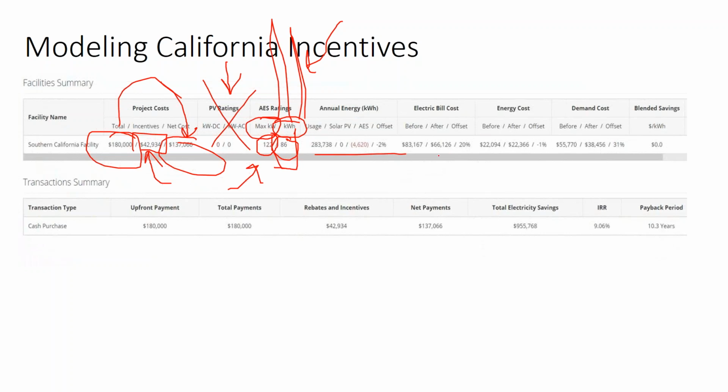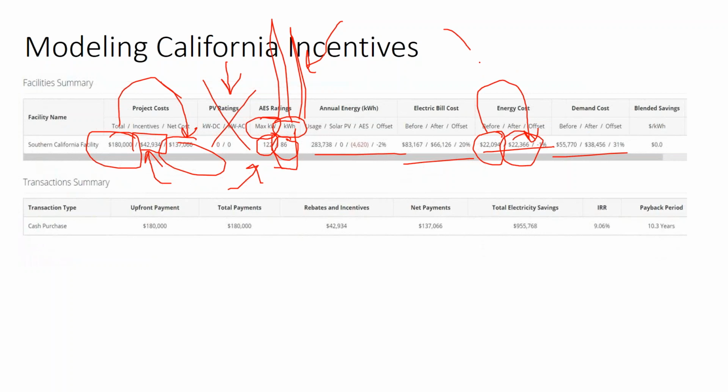We've got our energy use and our electric bill cost. And what we see is our energy cost and our demand savings. The text is kind of small, but before, our energy cost was $22,100, and after, our energy cost was $22,350.